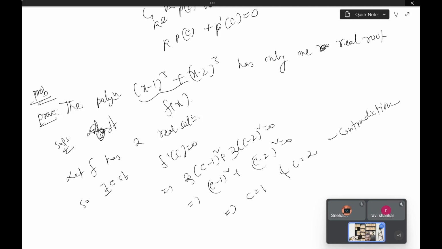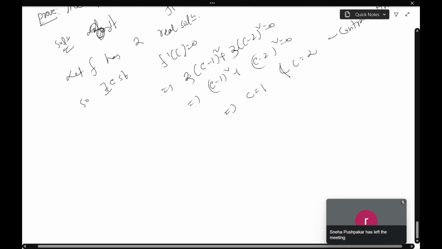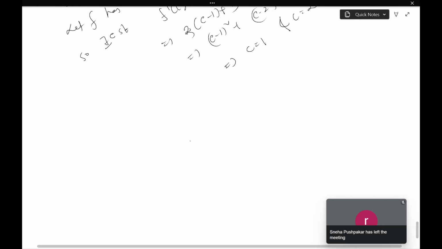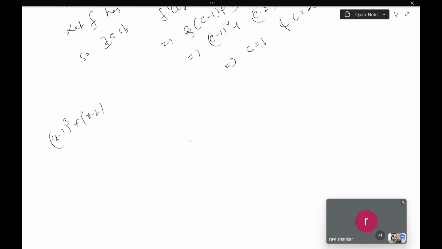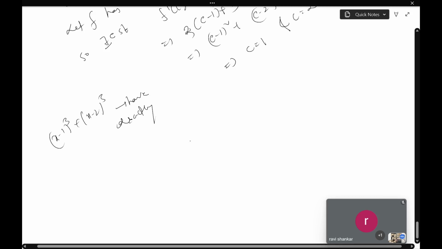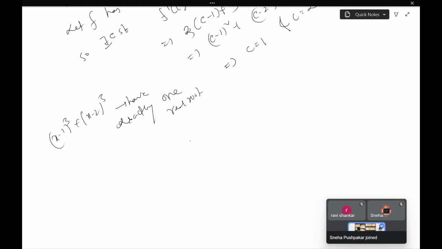So basically, geometrically, this curve has exactly one real root.